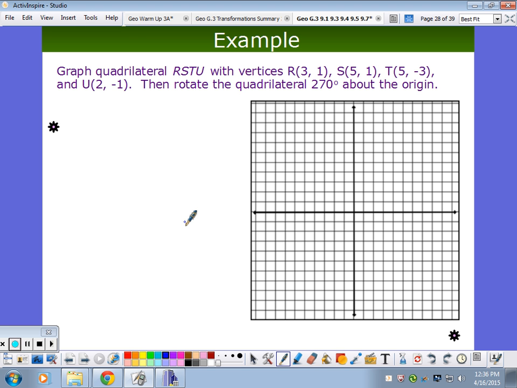So anyway, here is an example in the middle of page 1. So what happens here? Let's put our quadrilateral on here. So go ahead and grab this if you haven't.